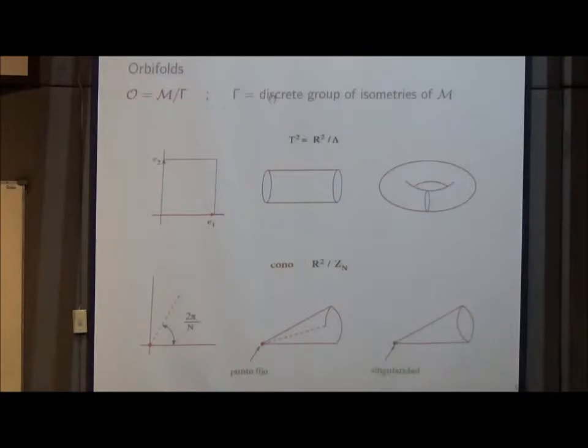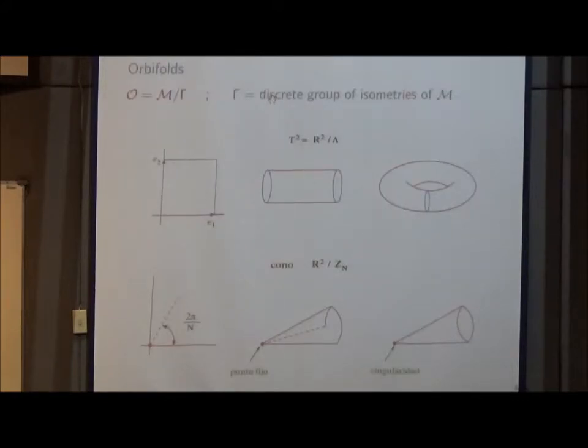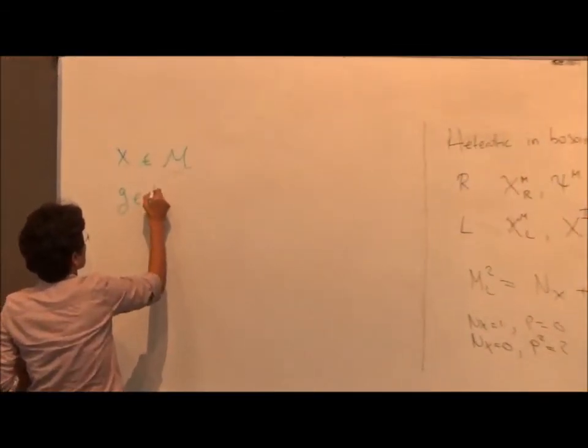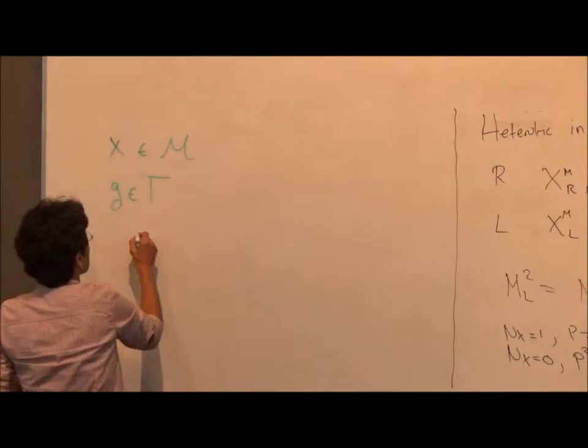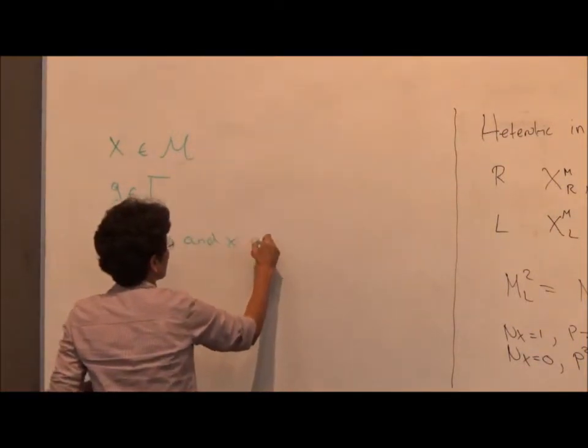Yeah, so orbifolds are quotient spaces. It's the quotient of a manifold M by a group Gamma of isometries of the manifold. Okay, what this means, that it's not written there, is that if you have a point x in M and a transformation g in this Gamma, then gx and x are the same.